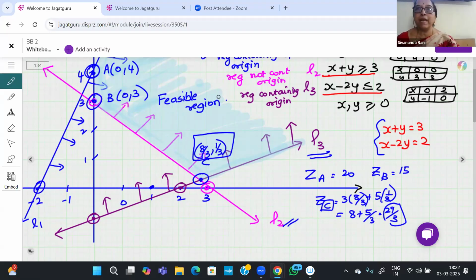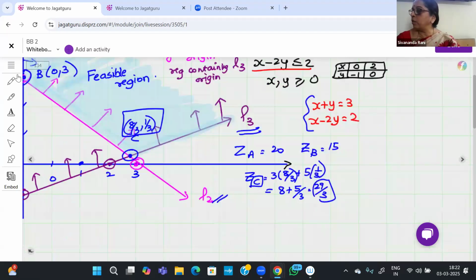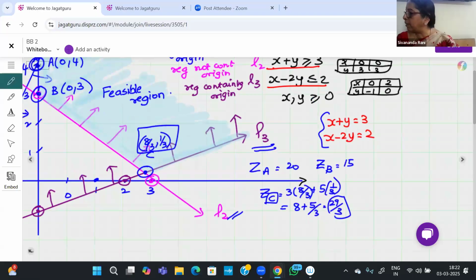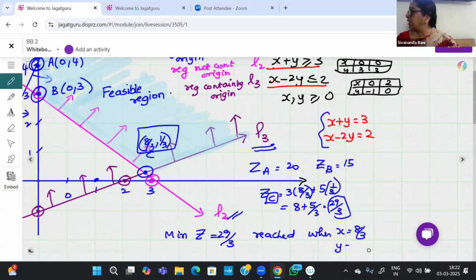They will lie only at the vertices of this convex polygon. All right. So I should write the minimum of Z to be 29/3, reached when x is equal to 8/3 and y is equal to 1/3.